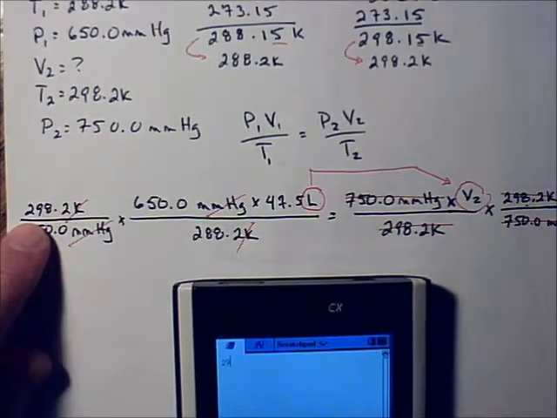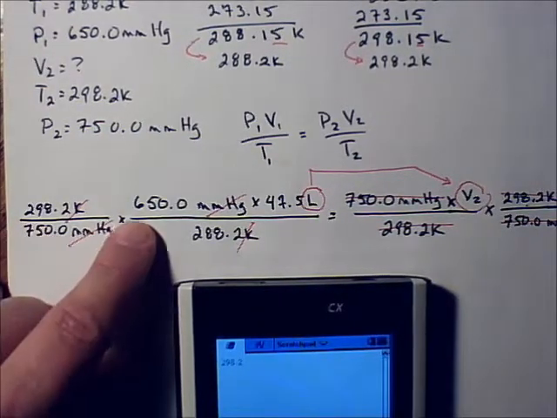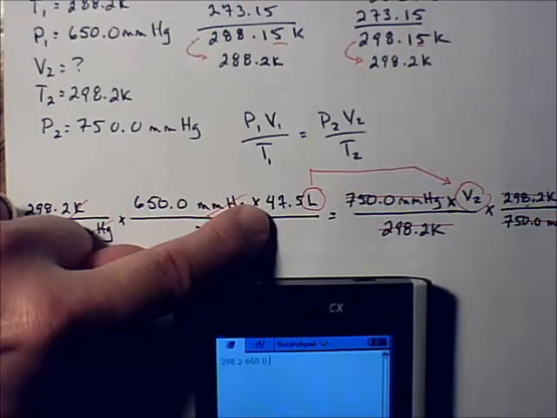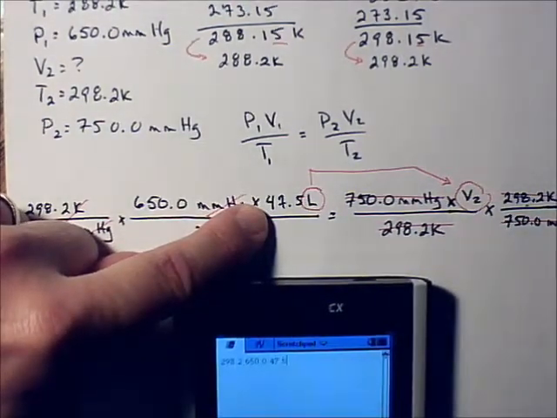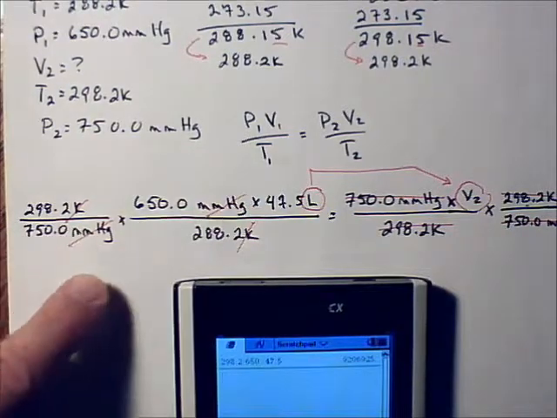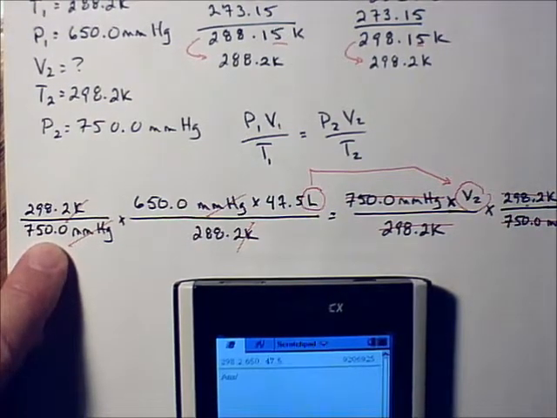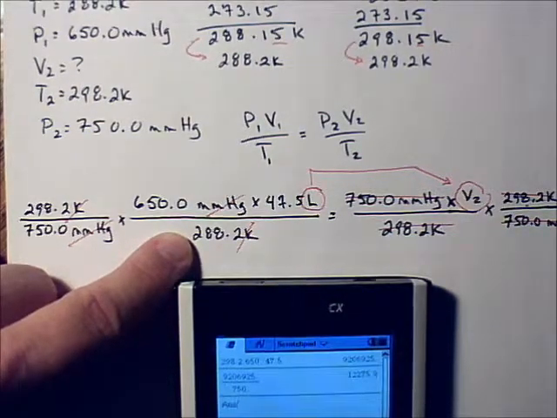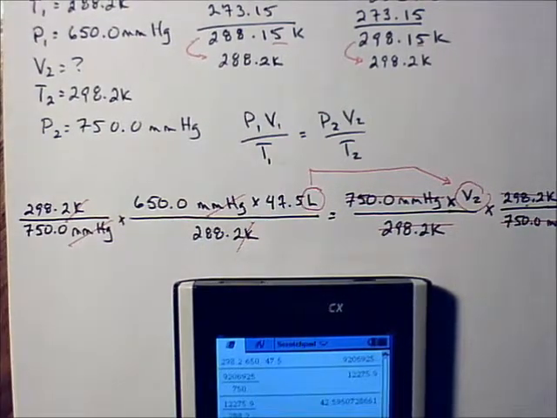So 298.2 times 650.0 times 47.5, enter, divided by 750.0, enter, then divided by 288.2, and that's the answer you get.